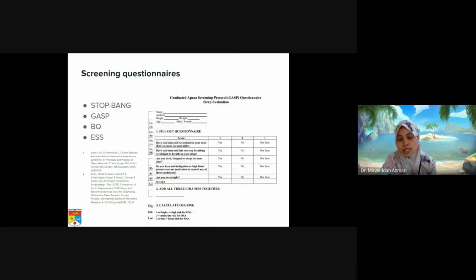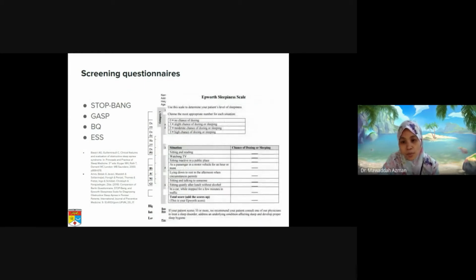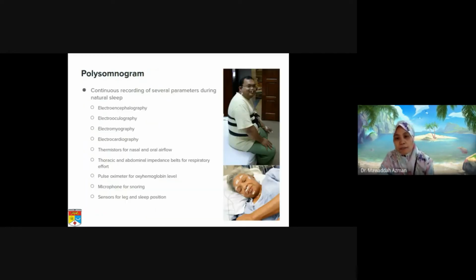There's also the GASP questionnaire, the more elaborate Berlin questionnaire, and also the Epworth Sleepiness Scale. The Epworth Sleepiness Scale is less utilized for screening, but it is useful as a repetitive measure for treatment monitoring. Now let's talk about polysomnography.